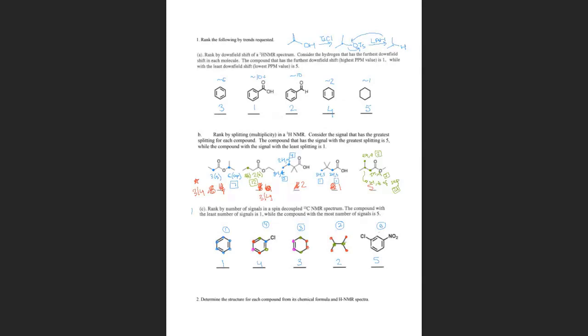Okay, so for 1B, the ranking that I wanted to put here. This will still be 5 because triplet of septet is 3 and 7, 10. This one is still 1 because singlet. This one is still 2 because quartet.